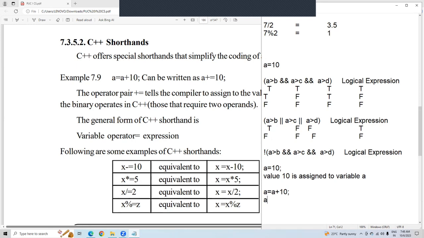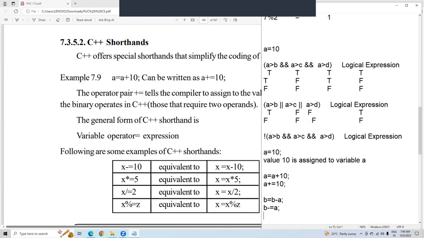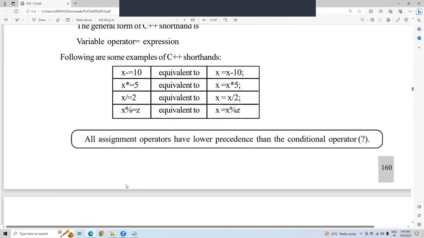After the assignment, what we have, you skip it and write that plus sign, then assignment, then the value. So both equations are same, but this is a little shortcut, right? Similarly, if it is B equal to B minus A, how do you write? B minus assignment A. The same thing applies for remaining operators. It is not mandatory to write like this. If you want, you can use like this.